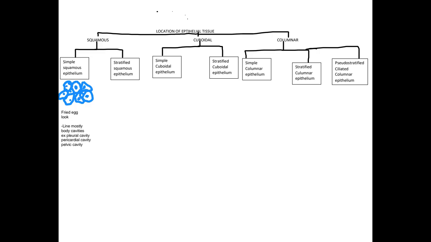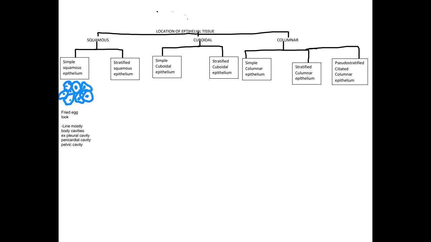And then, of course, the stratified squamous is many layers of flat cells, correct? So usually you'll find stratified squamous in extreme ends of your body, like the extreme top and the extreme bottom. The extreme top would be like the lining of your mouth, and your esophagus, which is the tube that sends food to your stomach.